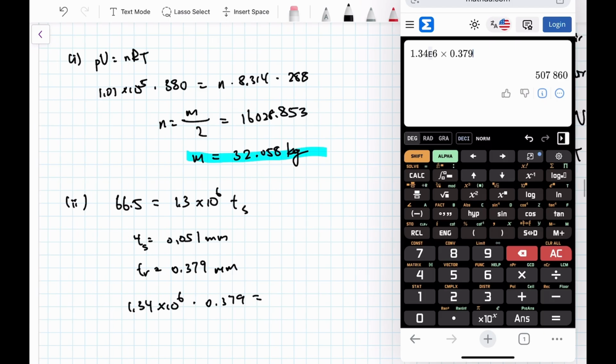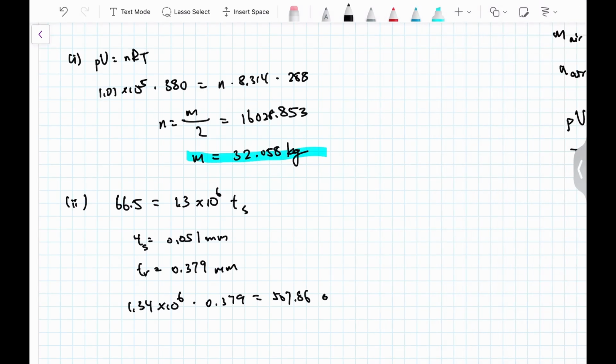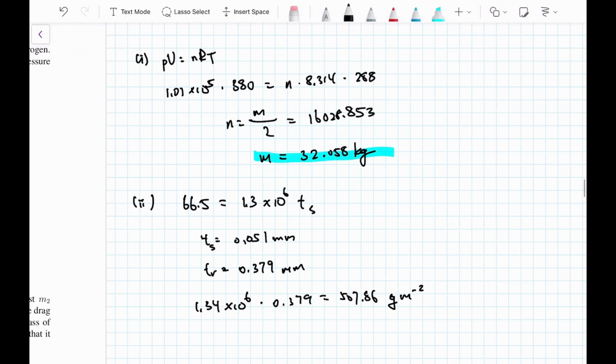That's a rather large number. Wait, let me check. Oh yeah, we have to multiply by, because it's in millimeters. So that should be 507.86, in grams per meter squared.